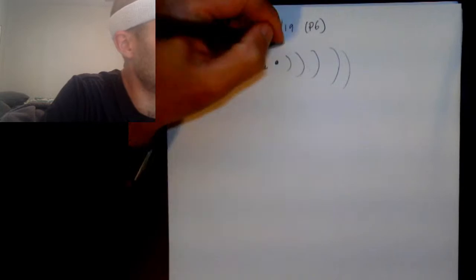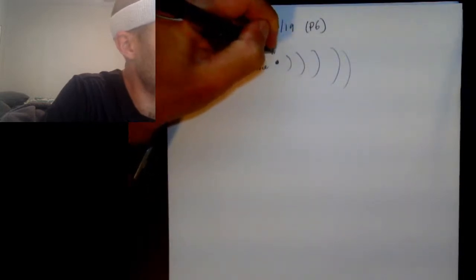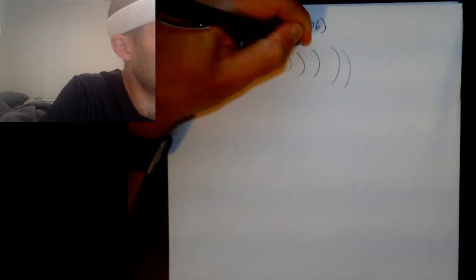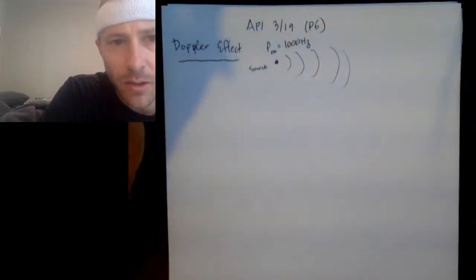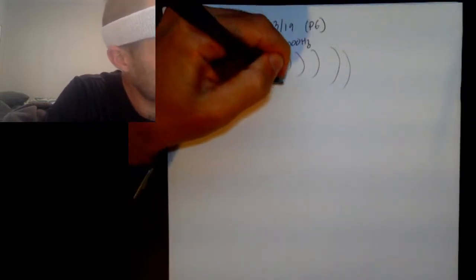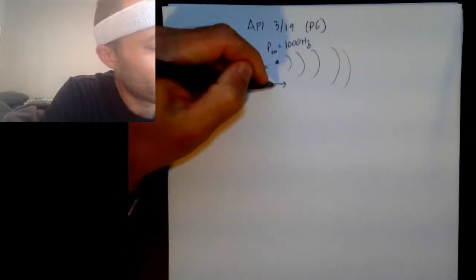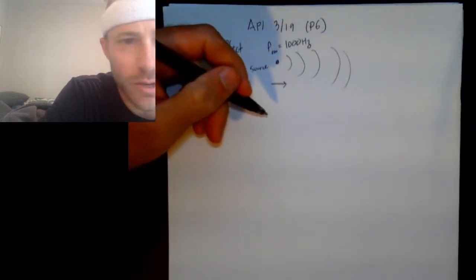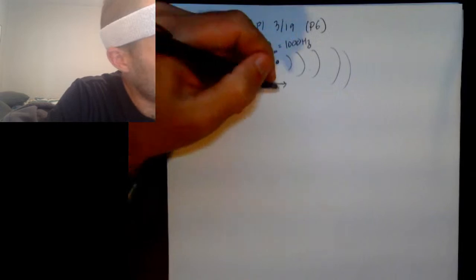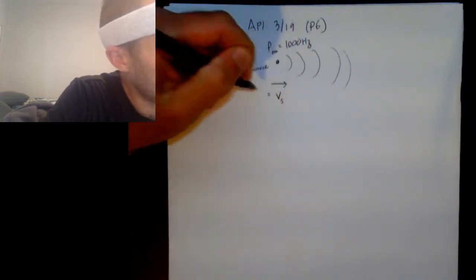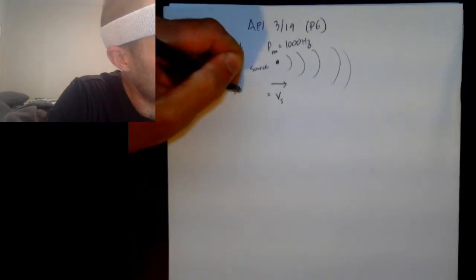And maybe the source is emitting waves of frequency 1,000 hertz. Now the source is going to be moving. It could be moving left or right. It doesn't matter. Or up or down in any direction. And so I'm going to call V sub S the source speed.